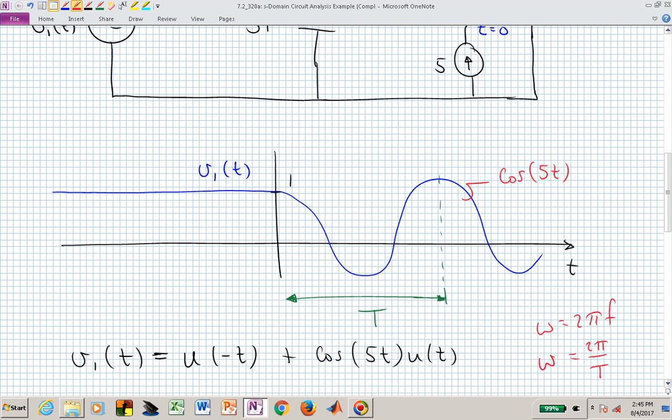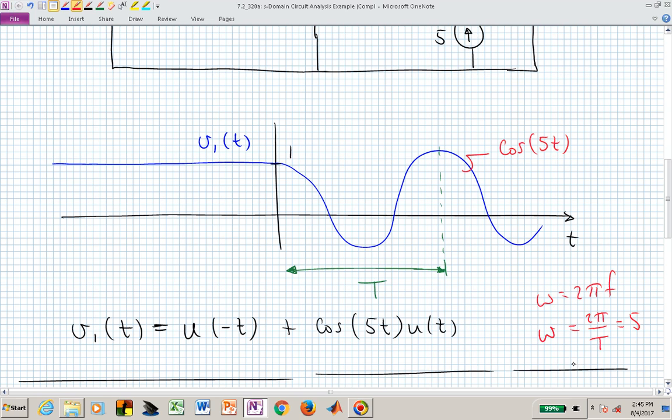In this case, if you measured that period, then you would want 2 pi over capital T to give you a result of 5. So in that case, T, if we solved for it, is now 2/5 pi, or 40% of pi, if we were actually measuring that.